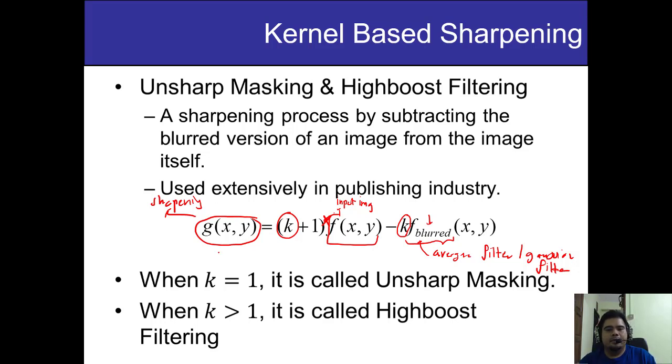And then k depends on what you set here. If you set k equal to 1, then it's called unsharp masking. But if you set k more than 1, it's called high boost filtering. You can try this by hand calculation. Of course, if you do a hand calculation, you cannot see the output.